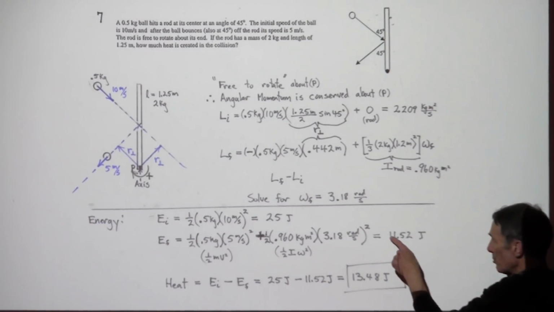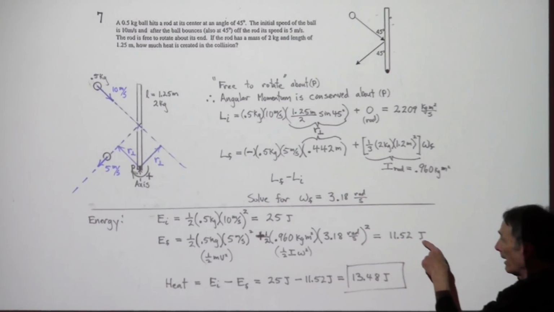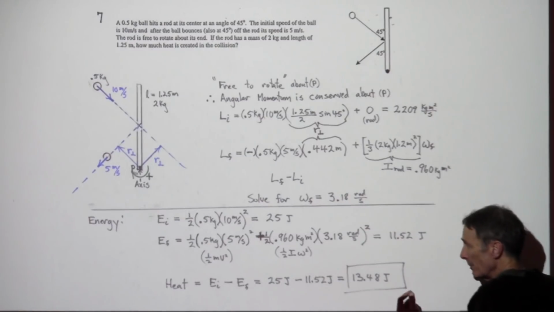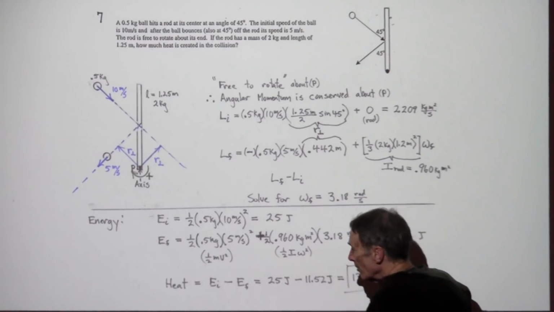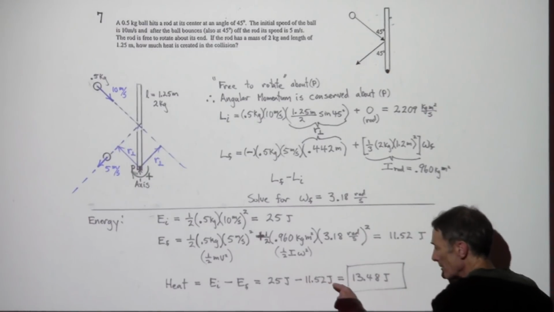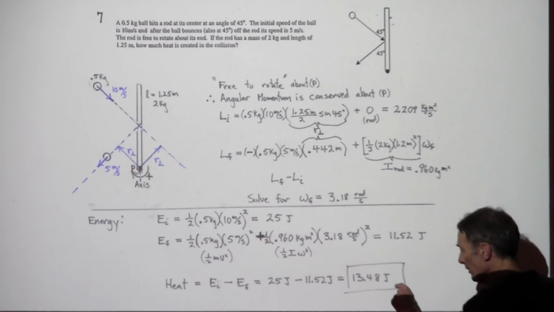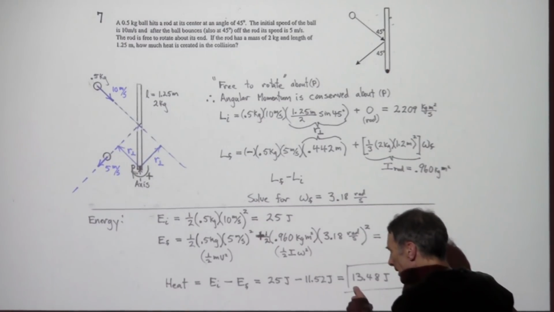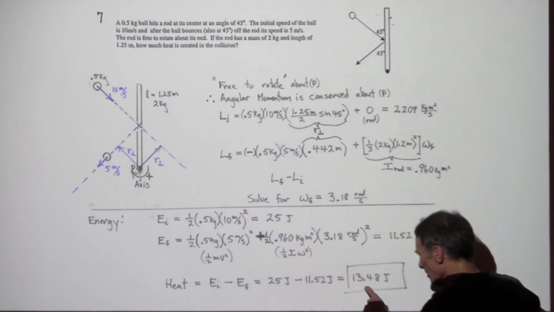Sticking in the numbers, we now have 11.5 joules compared to 25. So we have lost some energy. The initial is 25 joules minus this energy, and that gives us the energy we've lost, that's the heat. I don't like my signs here.